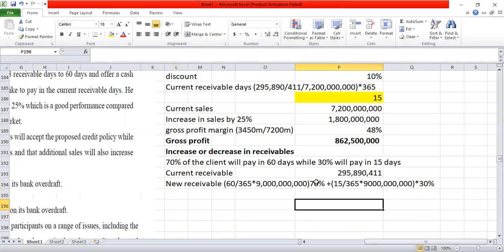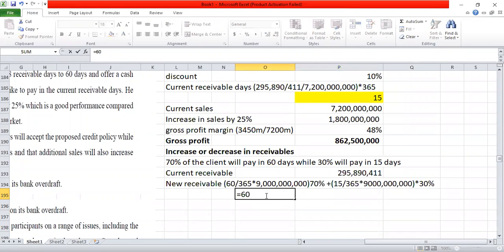Okay, thank you. So now we can get this. It's going to be, if I can put it maybe here, 60 over 365 times 9 times 70%. Then another one is 15 over 365 times 9, then times 30%.